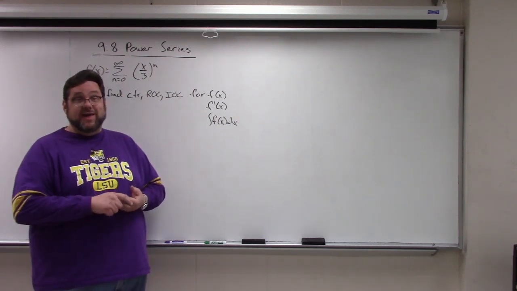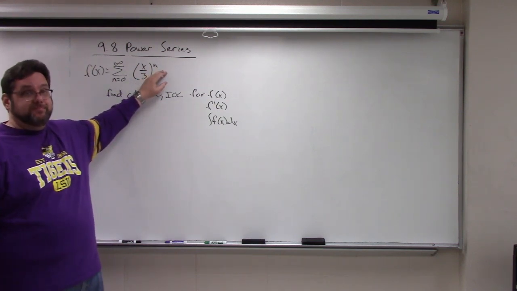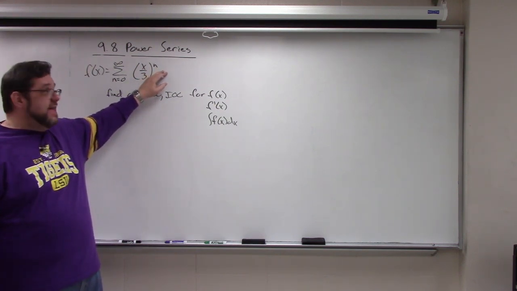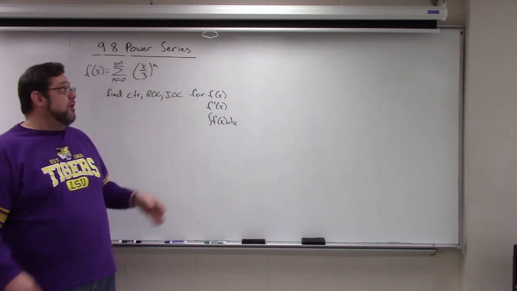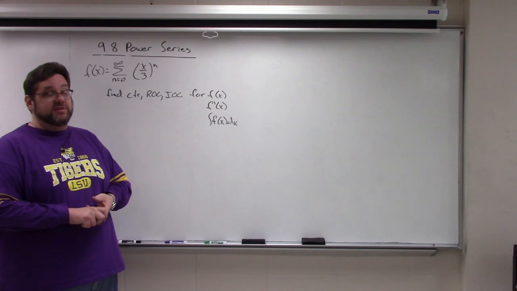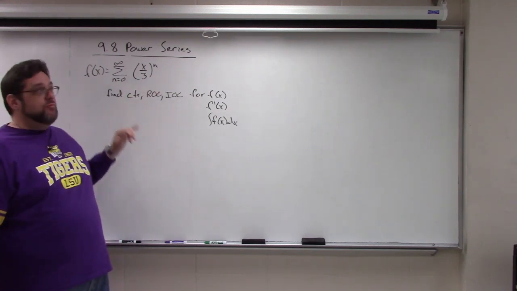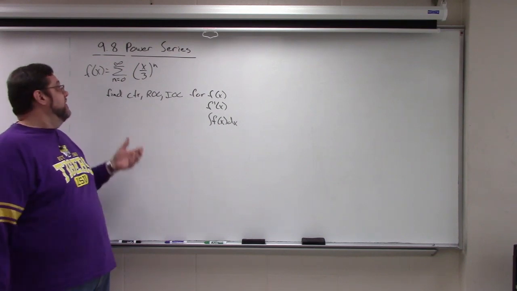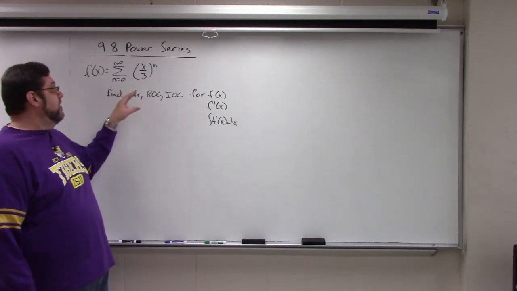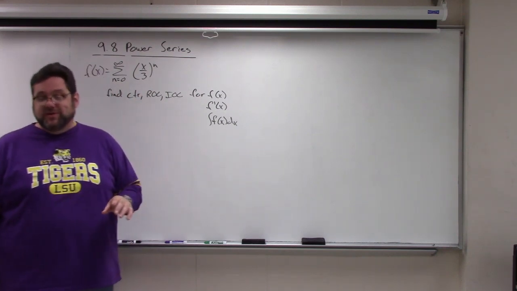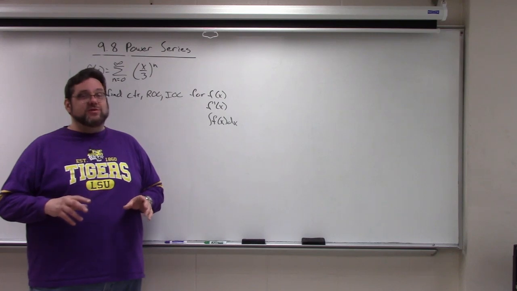We're going to have to check the endpoints and get everything for this function. Once we do that, we're going to find f prime. Once we find f prime, we already know what the radius of convergence is. It's the same as this one. Okay? Then we just need to check the endpoints. Then we're going to find the integral of f of x dx. Again, we already know what r is. We just need to check those endpoints. So there's a lot going on here, but there's not as much as there could be.